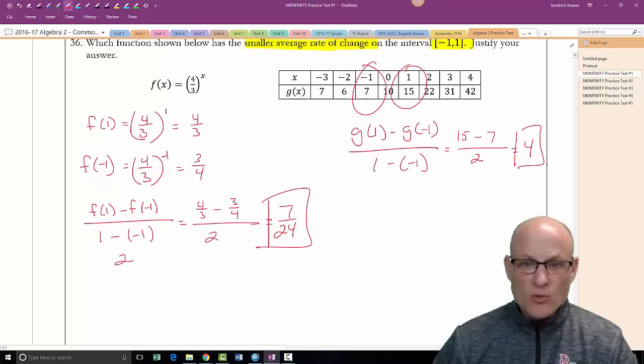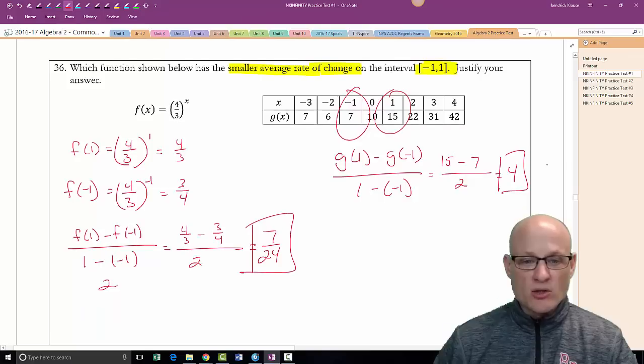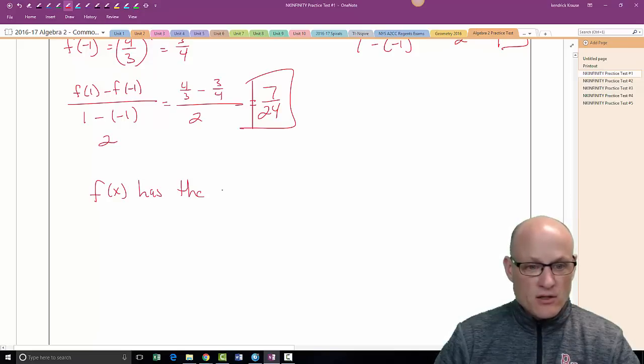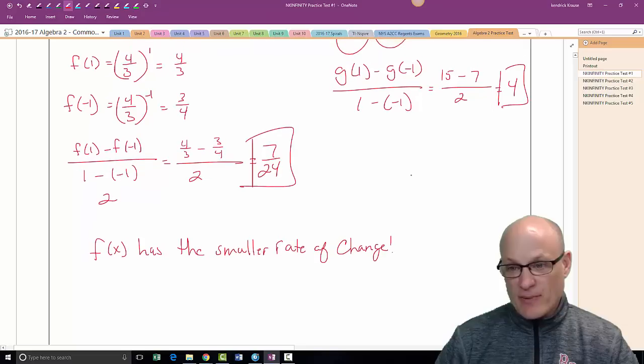And you have to write which one, what does the question say? Smaller rate of change. F of x has the smaller rate of change. And again, it doesn't matter if it's negative or positive.